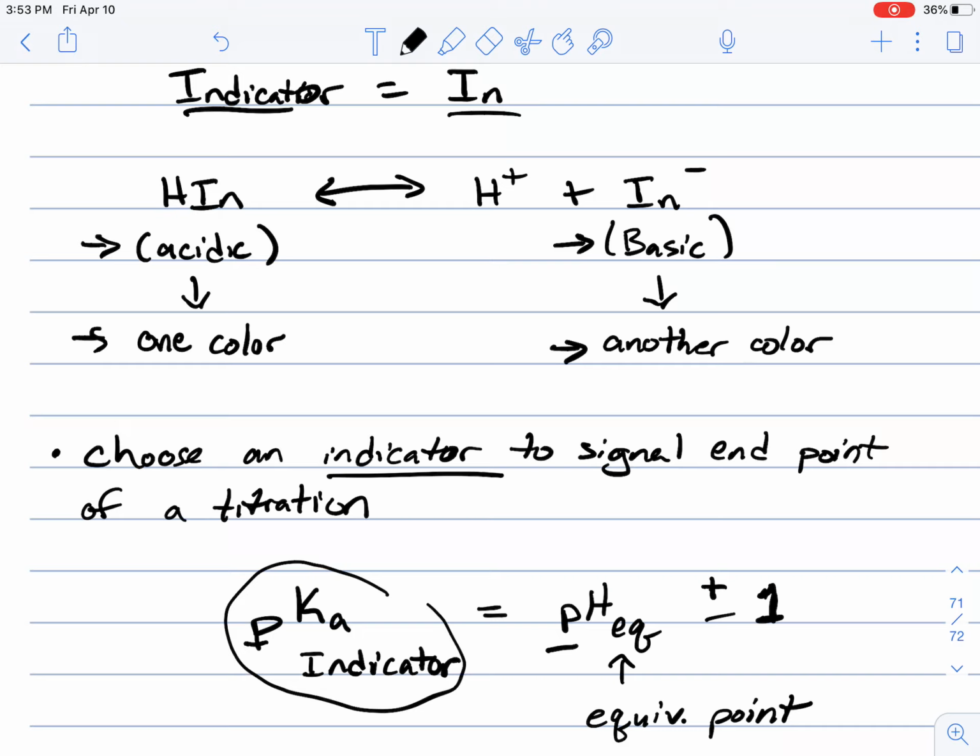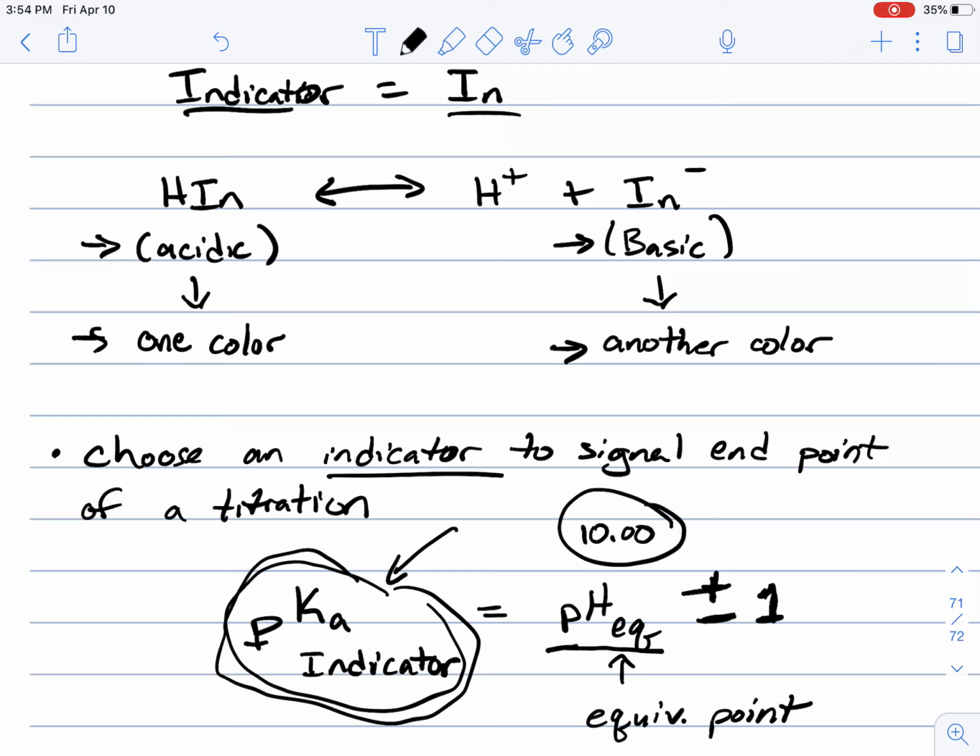And the pH that you want to refer to is the pH at the equivalence point. And so, for example, if the equivalence point is at a pH of, for example, 10.00, you want to use an indicator that has a pKa value that's plus or minus 1 pH unit of your equivalence point. So hopefully that made sense.